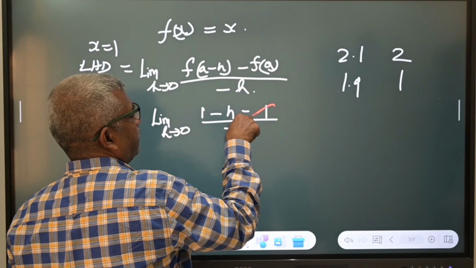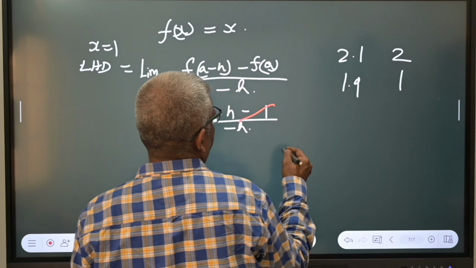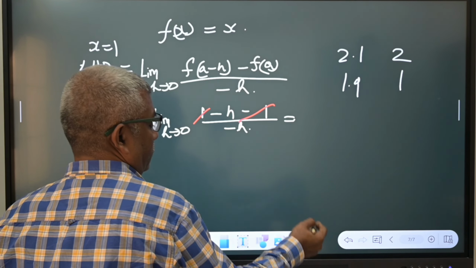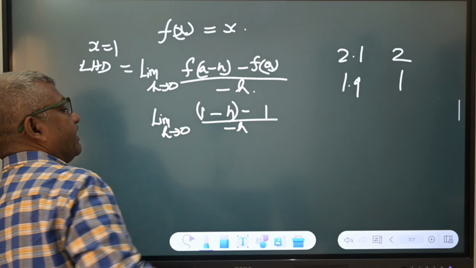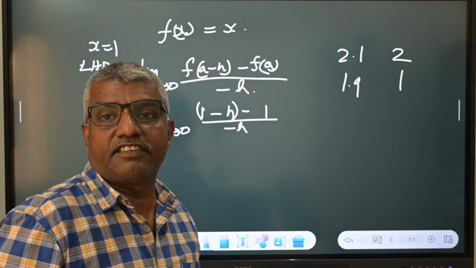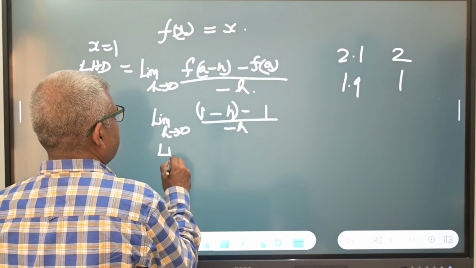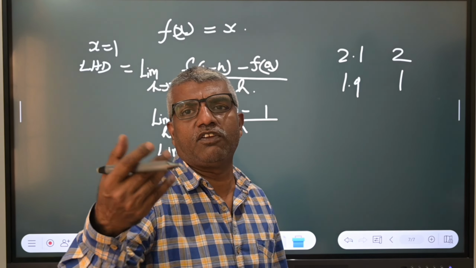So what will happen? Before that, for this 1 minus h, the greatest integer is not 1, because it is the greatest integer we are seeing. Let h be 0.1.